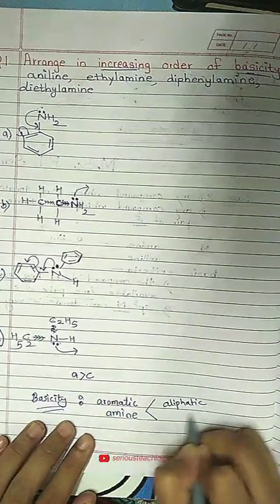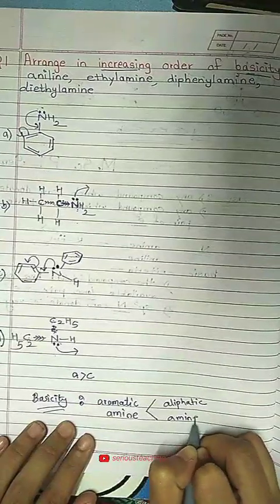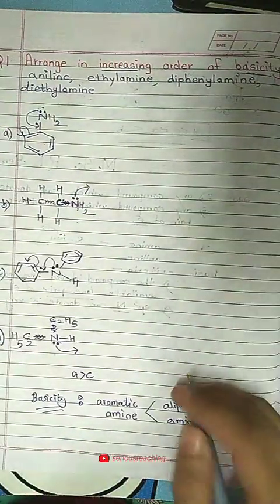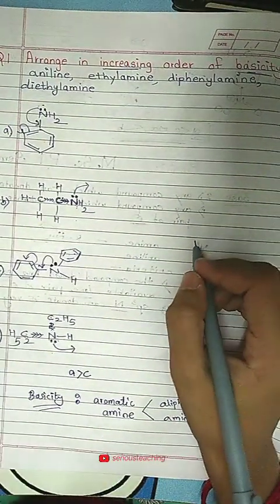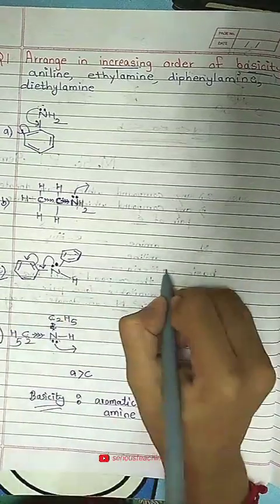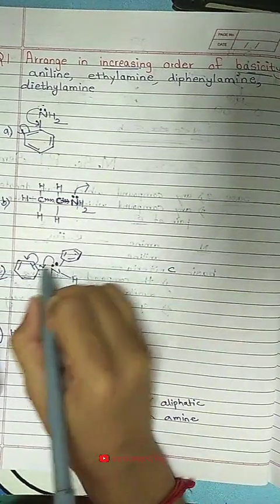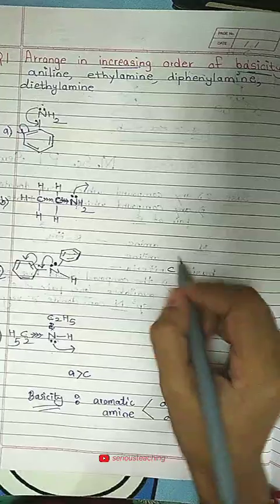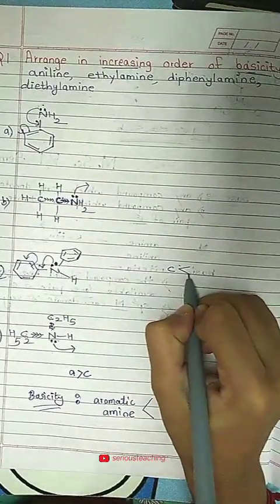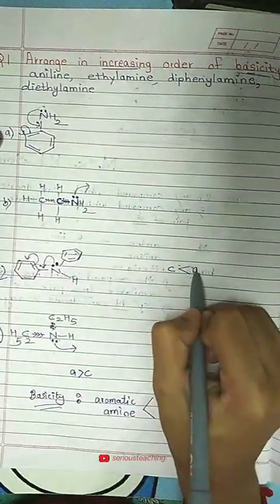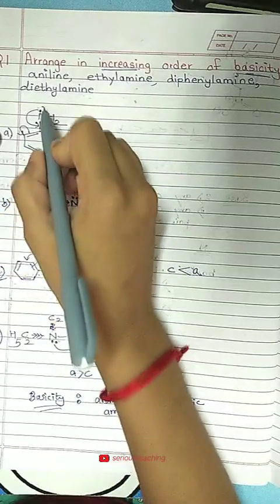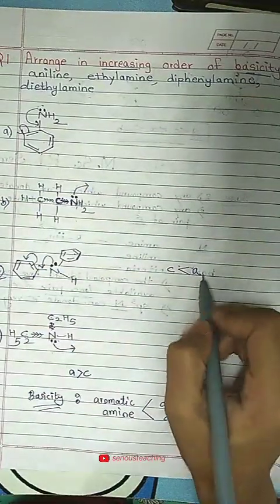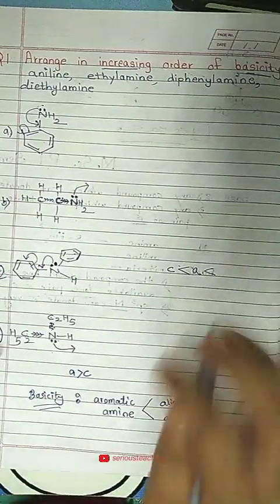Okay, so you have to remember this condition. When we arrange these four compounds, the least basic compound will be C because the lone pair is delocalized over two phenyl rings. Then second will be A, where the lone pair is delocalized over one ring, therefore it is not available for donation. Now in case of B and D, we have to check.